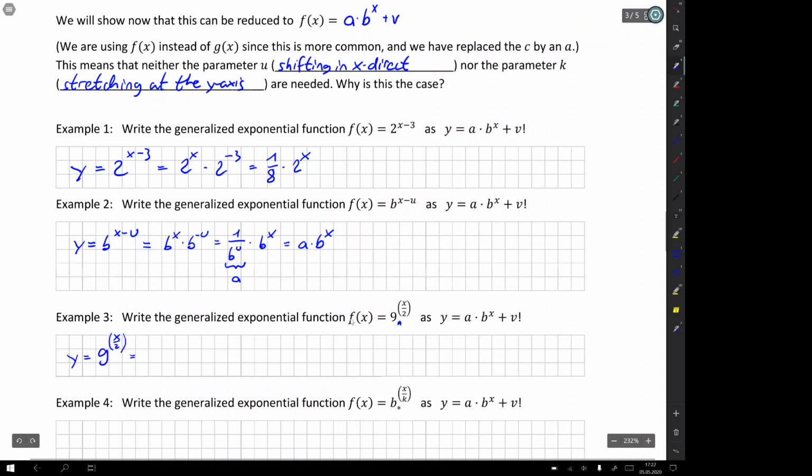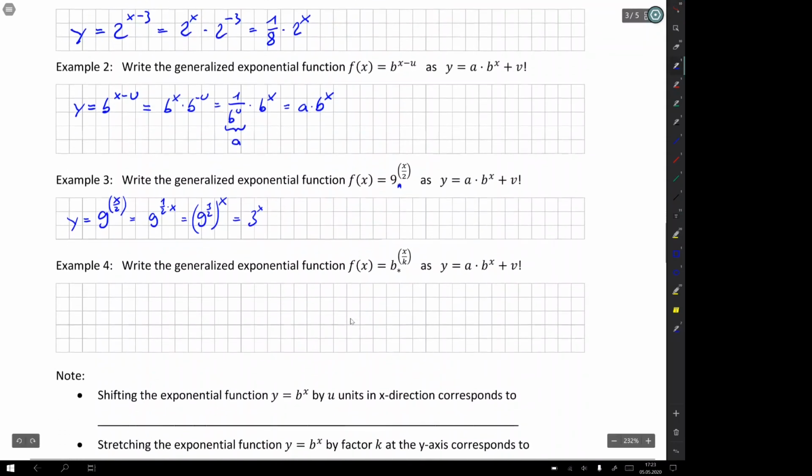Well, we can write that as 9 to the power of 1/2 times x, which means we have 9 to the power of 1/2, to the power of x. So we have actually 3 to the power of x. So what has happened? I have just changed the base here, and I have it now in this form, namely the a is 1 and v is still 0.